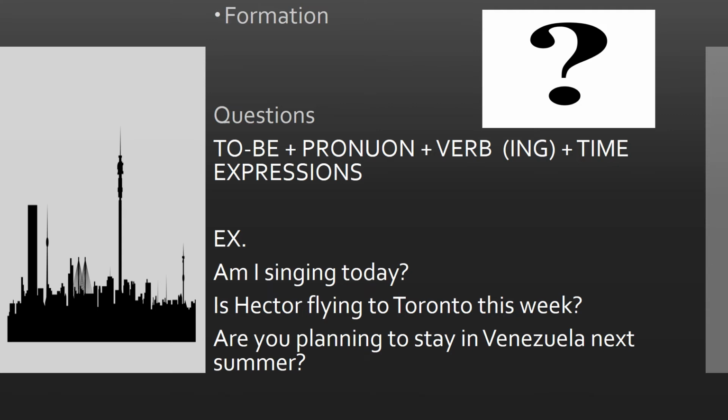Am, is, and are. After the to be, the pronoun. After the pronoun, the verb. Remember, the verb has to go with ing. Always. And after the verb with ing, a time expression. That makes your sentence more, how can I say, more complete. Okay?